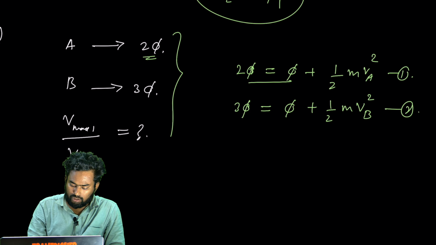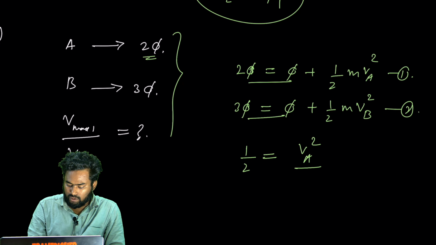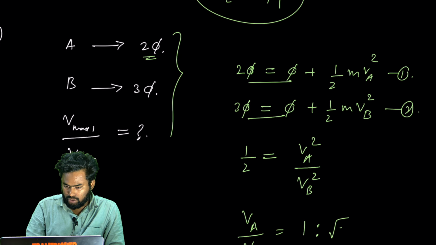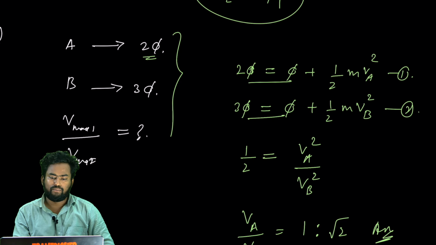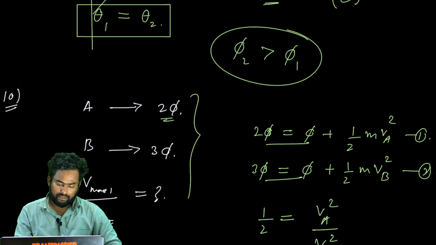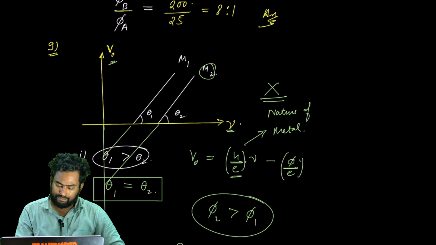Phi taking this side, it will become phi and this will become 2 phi. So phi by 2 phi, 1 by 2, equals half m cancels, Va square by Vb square. So the ratio of their velocities A and B is 1 ratio root 2, and that is our answer to this problem. Clear? Okay.